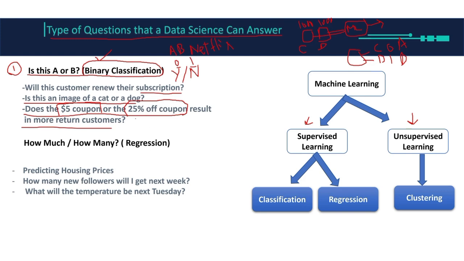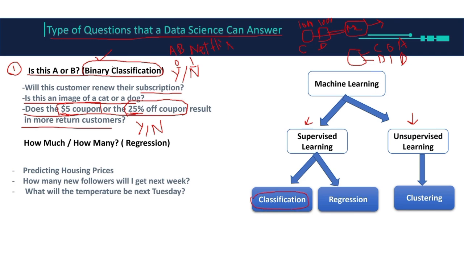I want to know which one is going to bring me more customers, this one or this one, 0, 1, A, B. Get it? Or, does this person have diabetes or not? Yes, he has diabetes. No, he doesn't have diabetes. So these types of questions are called binary classification, and binary classification is a section of classification from supervised learning.